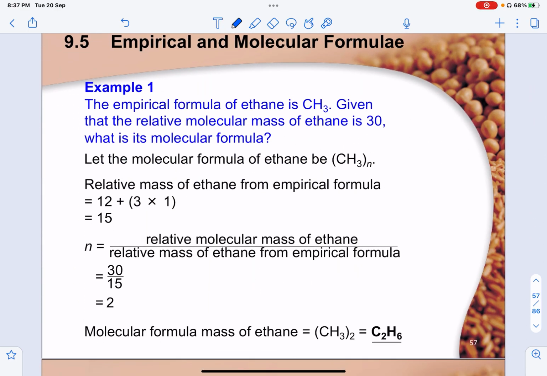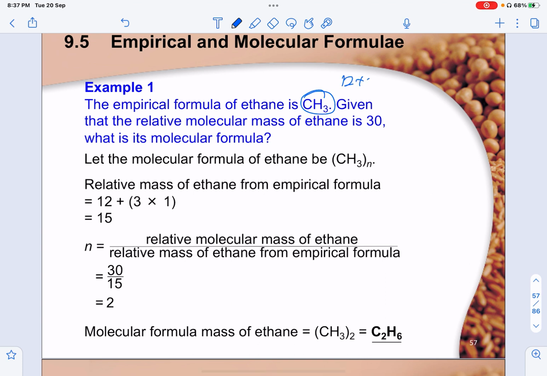So again, you can watch this. If we look at the empirical formula of ethane, it is CH3. So what's the molecular formula of ethane, given that its Mr is 30? First of all, the first step is to find the Mr of CH3, which is the empirical formula.